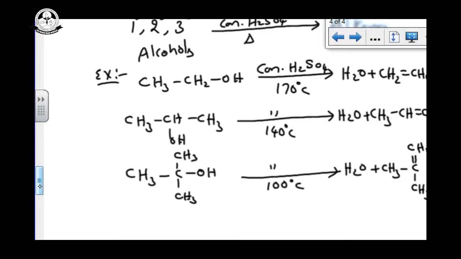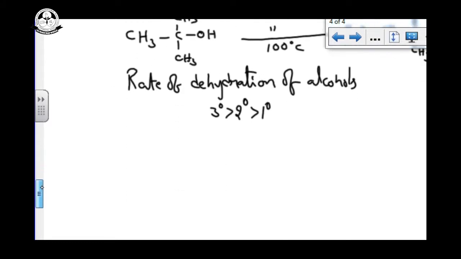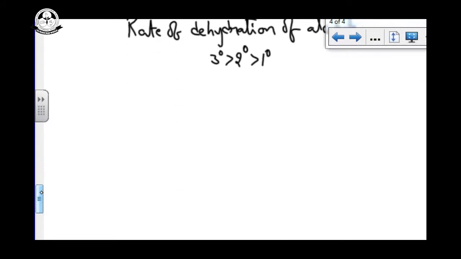Tertiary alcohols can easily undergo dehydration. Regarding the rate of dehydration of alcohols, that means speed, tertiary alcohols undergo dehydration fastest, then secondary, then primary.